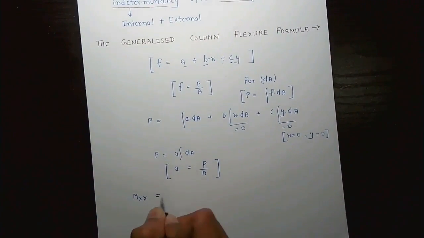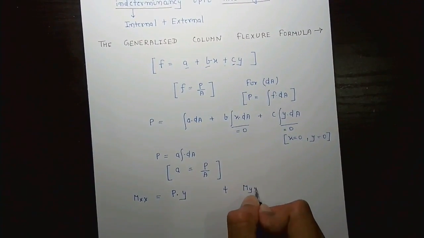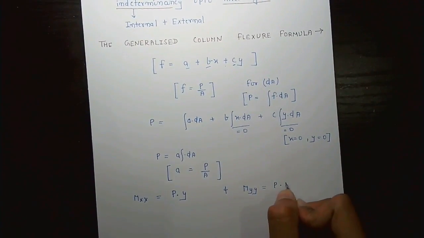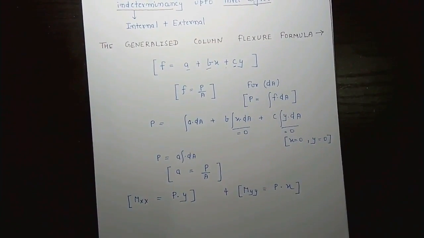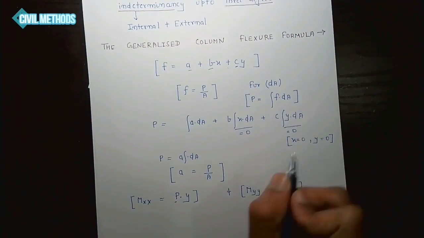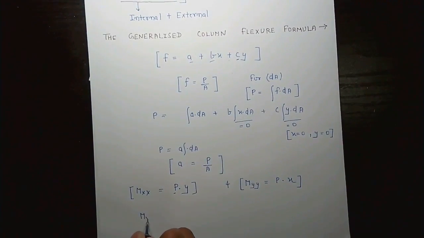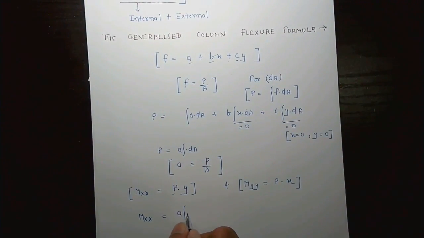Now bending moment about x-axis is P dot y, and bending moment about y-axis is P dot x. P is the total load. From this equation, M about x is obtained by multiplying y by each term.